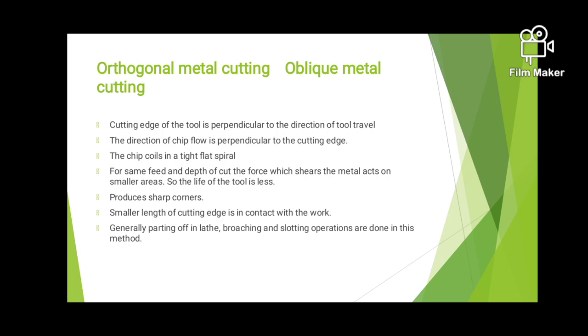For the same feed and depth of cut, the force which shears the metal acts on a smaller area, so the life of the tool is less. It produces sharp corners, and a smaller length of cutting edge is in contact with the work. Generally, parting off on a lathe, broaching and slotting operations are done by orthogonal metal cutting.